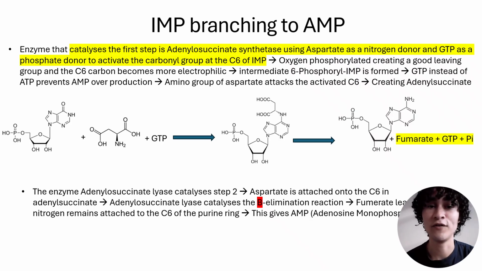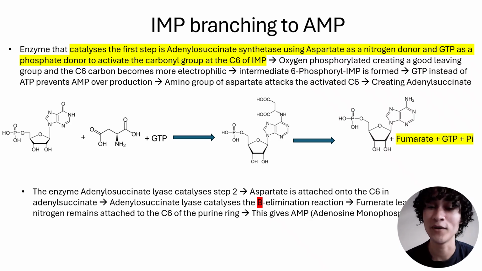You have to phosphorylate that carbonyl group to activate that 6th carbon as an electrophile, because this is a substitution reaction where you're substituting that carbonyl group with an amine group. Okay, so you need to phosphorylate it to activate it, and then once you've fixated that aspartate onto your hypoxanthine base, adenylosuccinate lyase will then remove that fumarate skeleton, leaving just the amine group intact, giving you your adenine nitrogenous base. So you now have adenosine monophosphate.